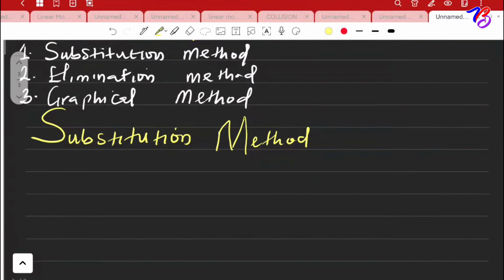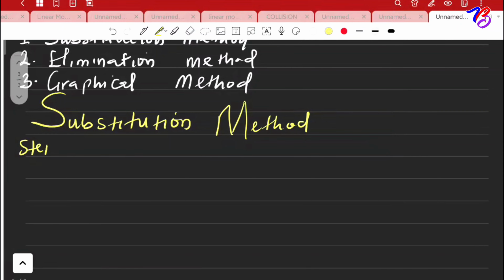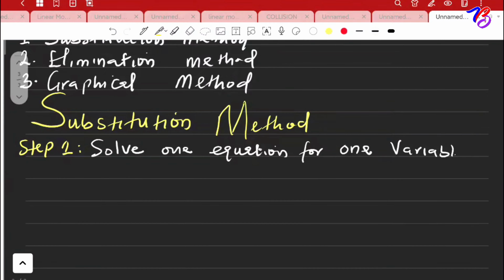The substitution method. Step 1 for substitution method. Solve one equation, because you are dealing with two equations at the same time, but solve one equation for one variable. If you are solving for y, solve for y.